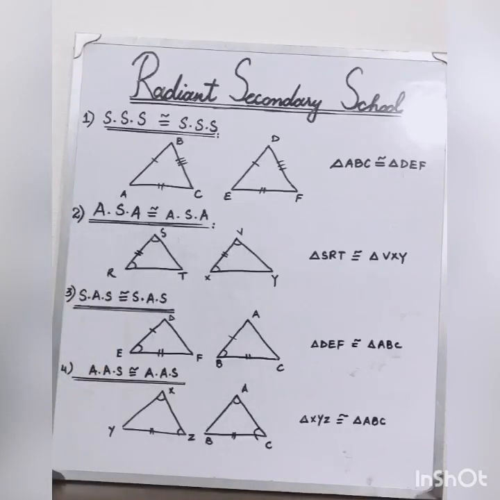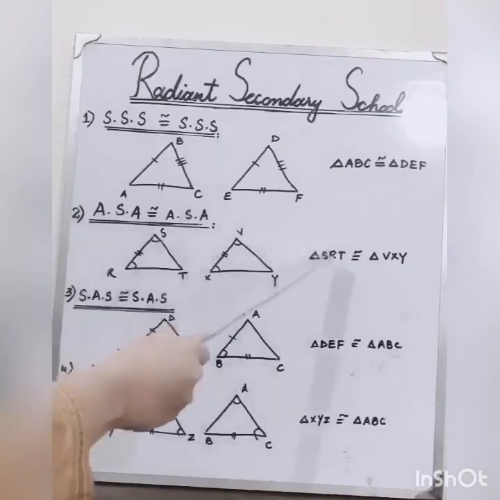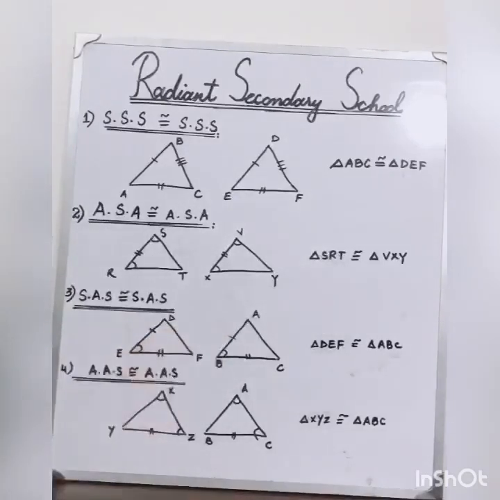So here we can say that triangle SRT is congruent to triangle VXY. Means if two angles and one side including side, the side must be in between the two angles, are congruent to two angles and one side of other triangle, then the two triangles are congruent.